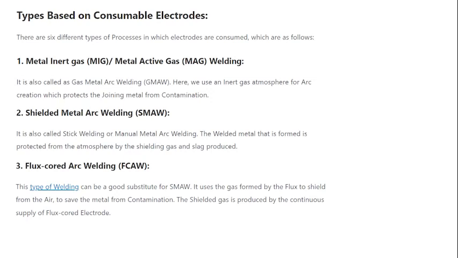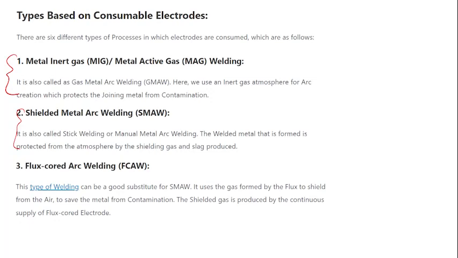Here what we will do is use an inert gas atmosphere so that there will be no oxidation, and with the help of arc welding we will join the sheets, wherever the welding is required. Next is shielded metal arc welding. This is also called stick welding or manual metal arc welding.